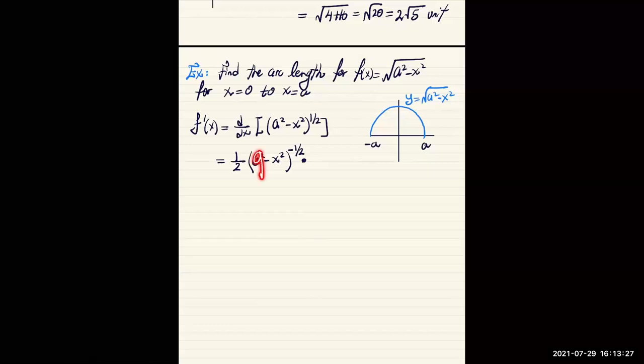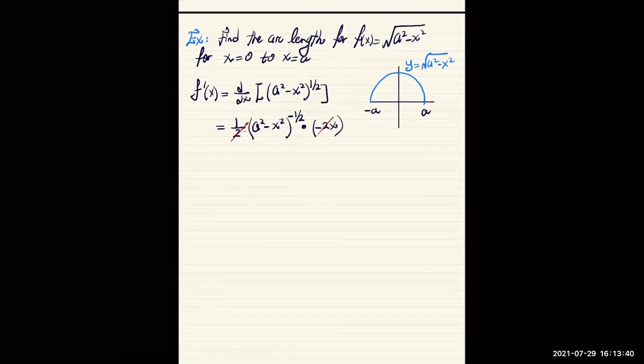Imagine this is just a 9. The derivative of it is 0. And then derivative of negative x squared is negative 2x. Okay, so these cancel out. And we end up with negative x over, yeah, move this down, it becomes a positive half.